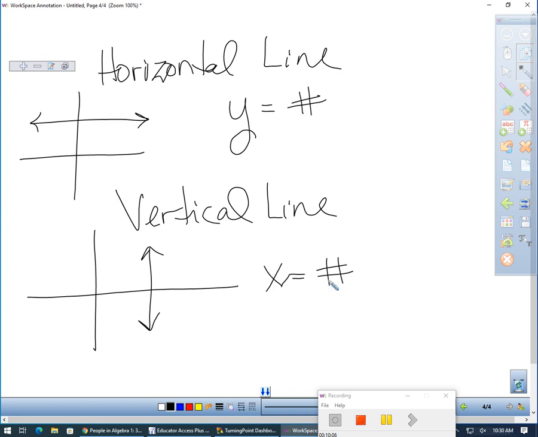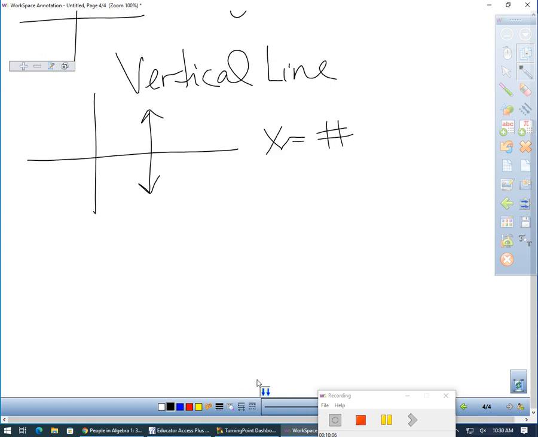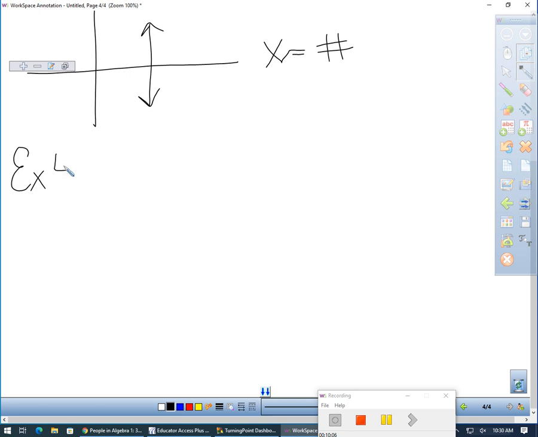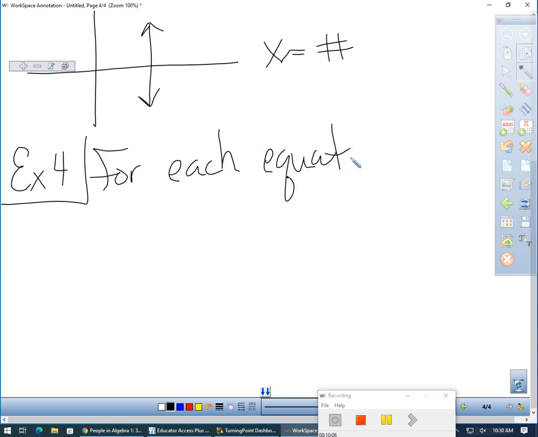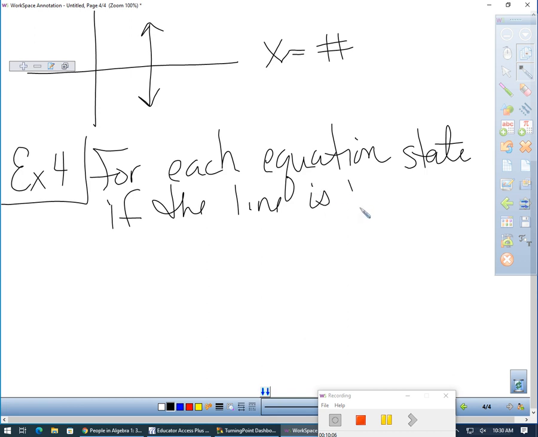All right, so here is example number 4. For each equation, state if the line is vertical or horizontal.